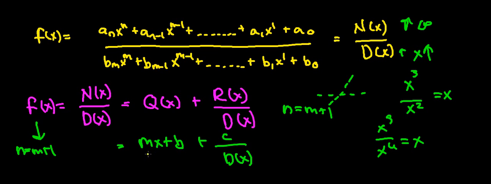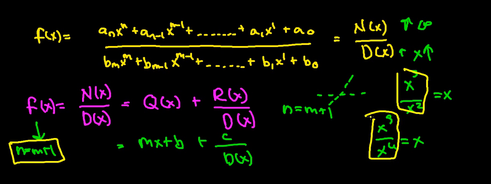When we have this situation, the function value is essentially a line. It just so happens that it does not divide evenly. So when we have a rational function where the power is greater by 1, as you can see over here, essentially this is a line. It just does not divide evenly, so it's in this form right here.